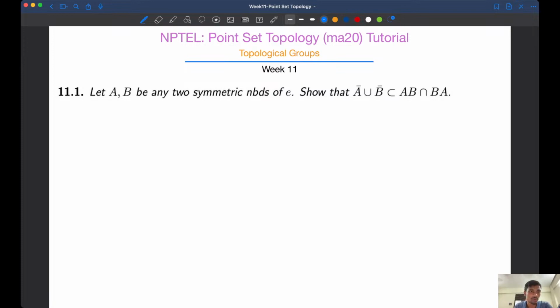So for this one, how to proceed? Anyone have any idea? Can at least someone recall in a topological group how the closure of a set is represented through symmetric neighborhoods of E?